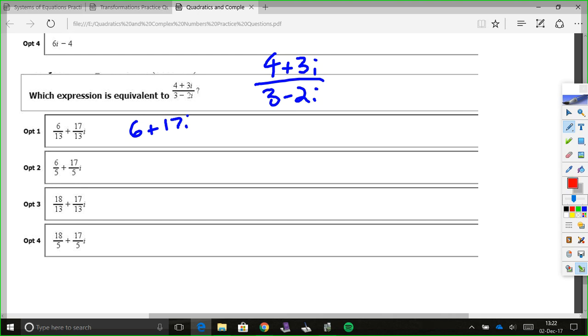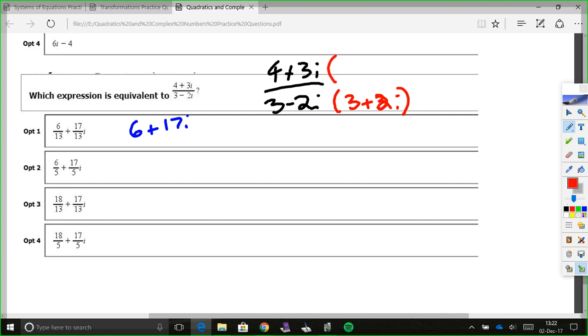So we had just distributed on top, right? This is why you don't get distracted when you do things. All right, 4 plus 3i over 3 minus 2i, and we were multiplying the top and bottom by 3 plus 2i. We had already done that to the top, but now we have to distribute to the bottom.